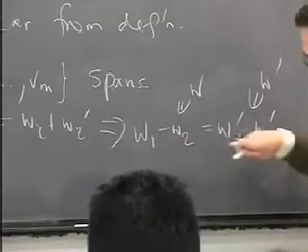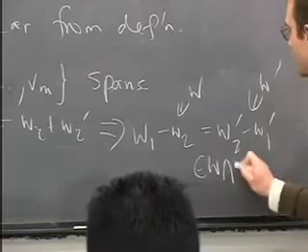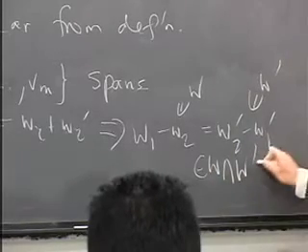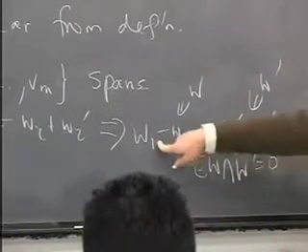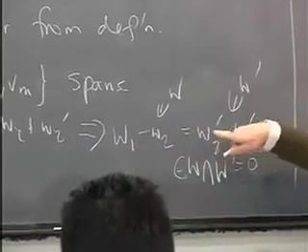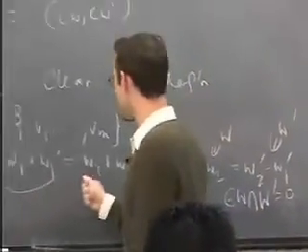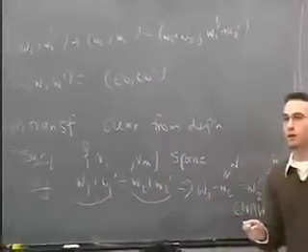So whatever this common vector is, it's in the intersection of W and W prime, which is 0. But if this thing is 0 and this thing is 0, that implies that w1 equals w2 and w2 prime equals w1 prime. So the way we wrote these things as sums to start with was unique.